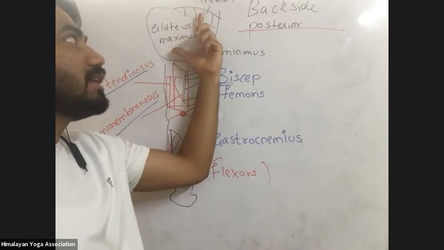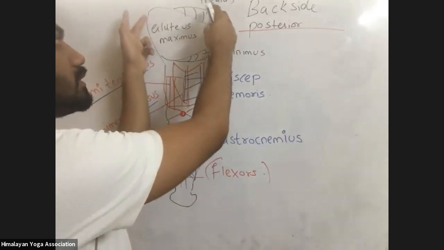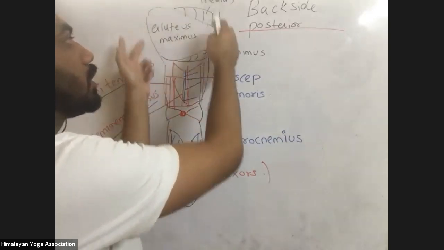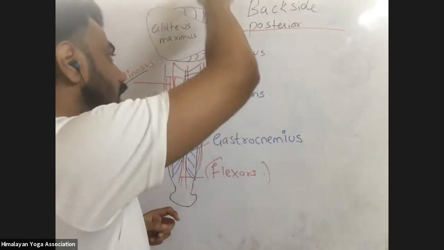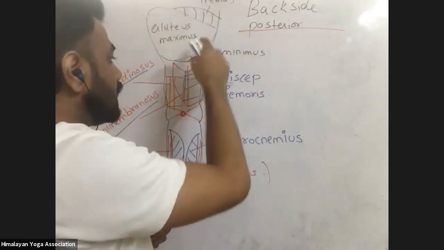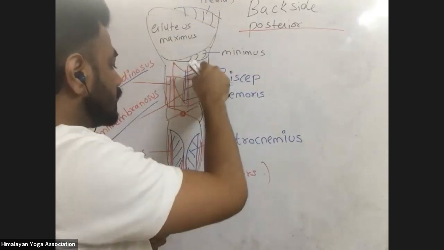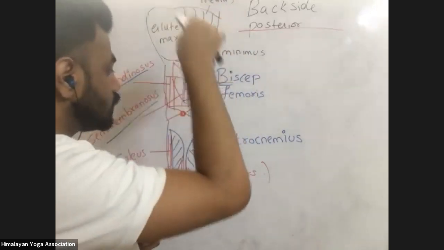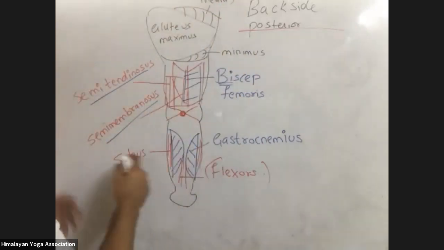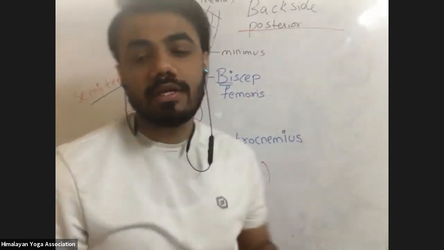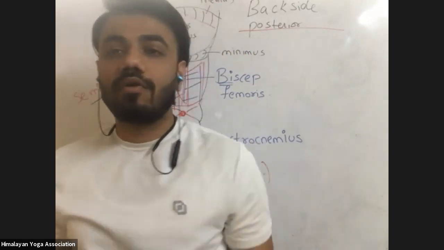Our hip bones and the muscles in our buttocks are connected to our pelvic joint. They originate from our pelvis and may end in our femur. This muscle may end in our tibia. So the movement we will see now, how it can help to move any structure or part of our body.